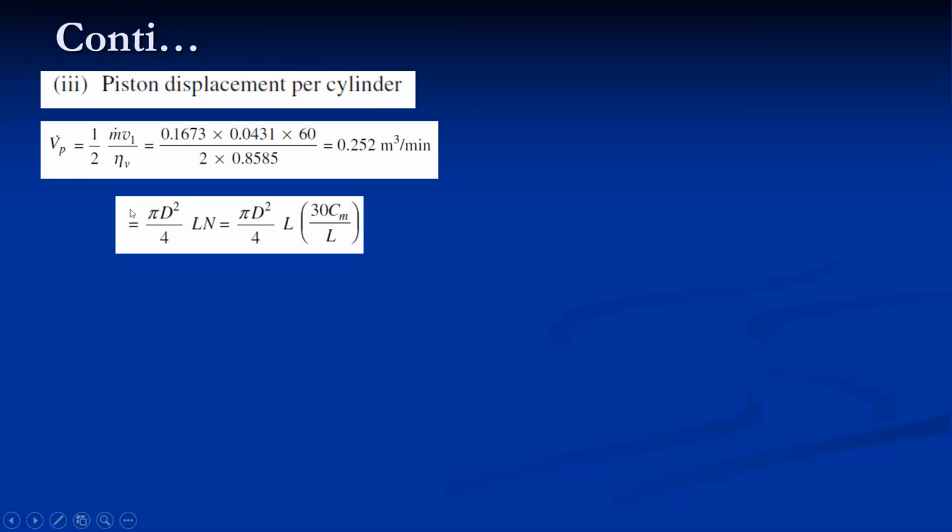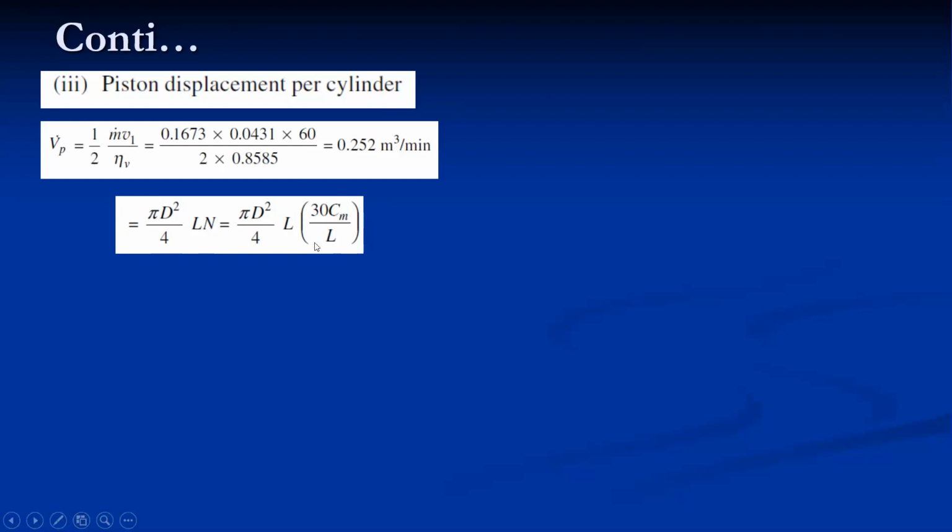So this is the theoretical piston displacement, that is pi by 4 D square into L into N. Instead of N into L we can substitute the Cm, because instead of N we can put 30 Cm, that is in terms of mean piston speed, which is given.